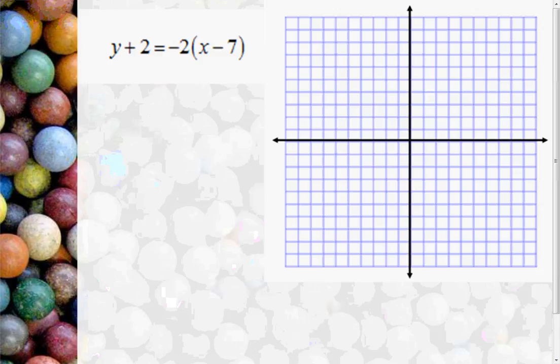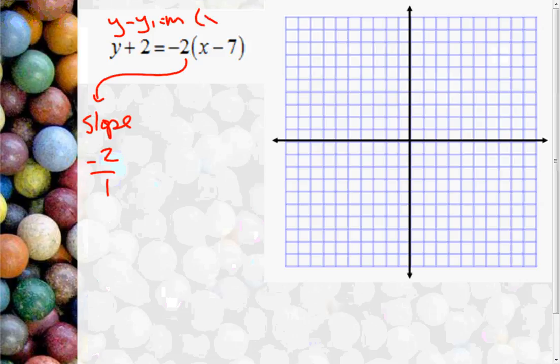Point slope form. Slope, negative 2/1. Again, remember y minus y1. So if you know the forms, you should be able to figure it out, I mean, you're matching stuff up. So your point is going to be (7, negative 2).